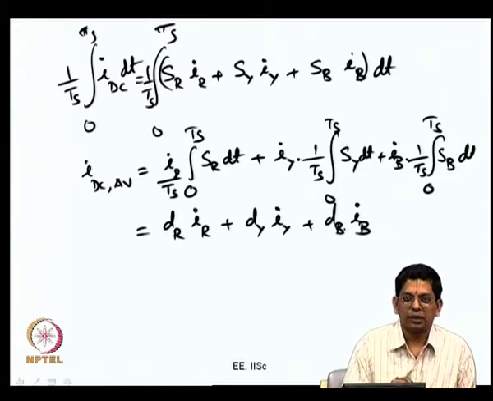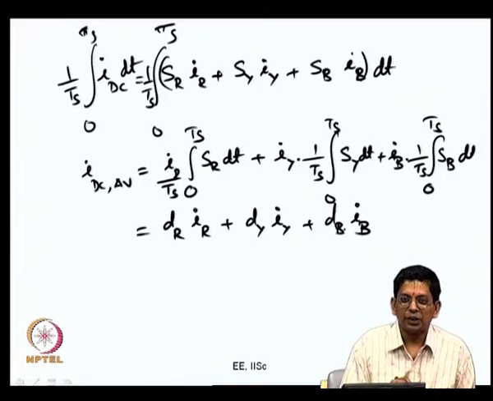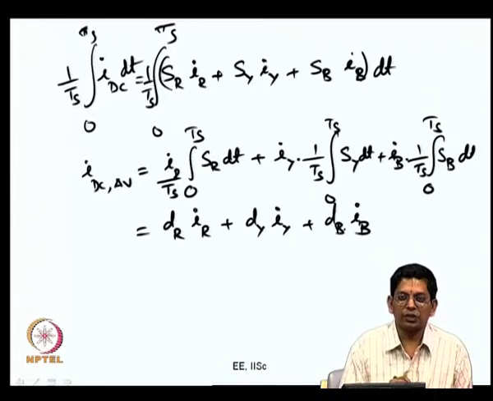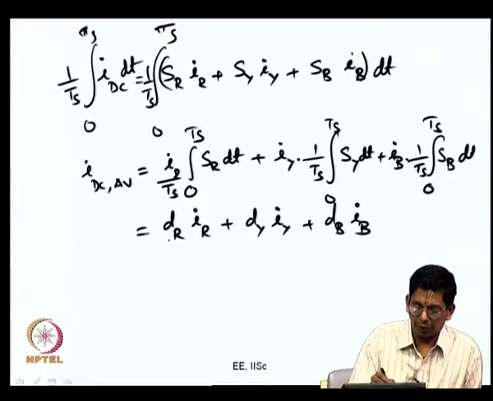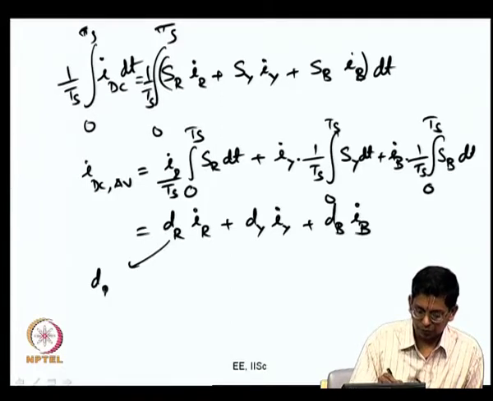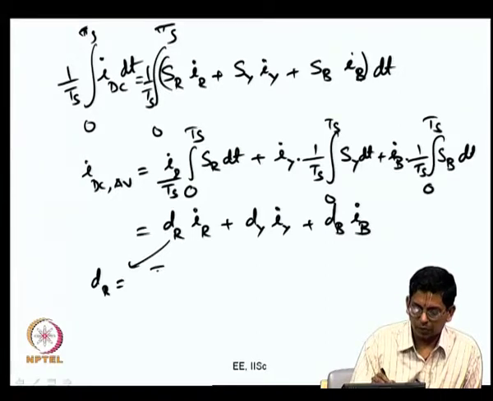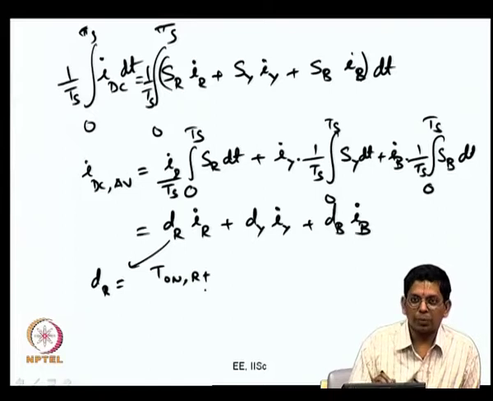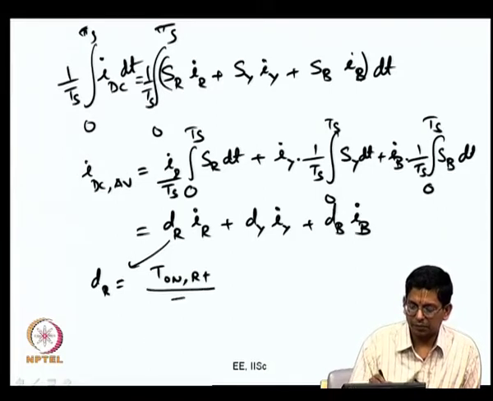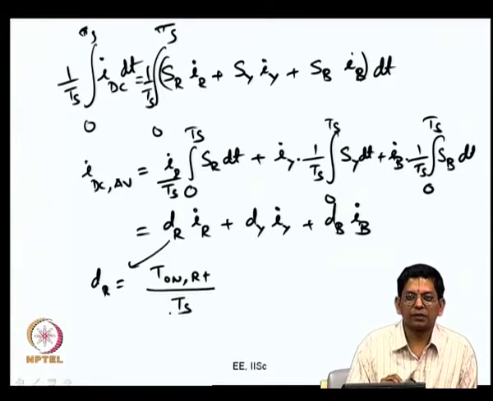Is it right? So, you can write that in terms of the duty ratios, the time for which the top device is on. What do you mean by duty ratio of R? This is the on time of the R phase top device divided by Ts.